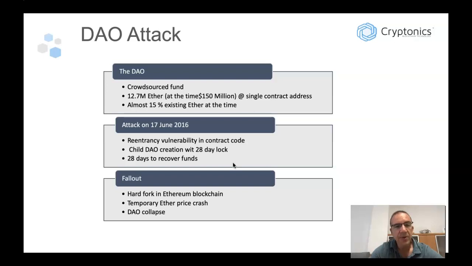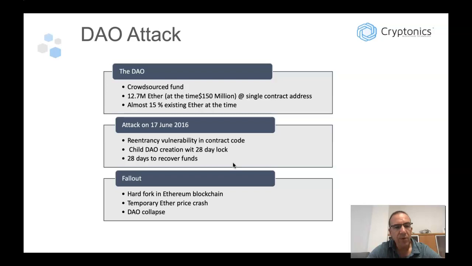So just an interesting fact on the reentrancy issue. There's a bit of history here. In 2016, we had the DAO attack, and I encourage anyone to read up on this if you're not aware of it. But that was sort of a big moment in smart contract security when we became aware of how badly things could go wrong.